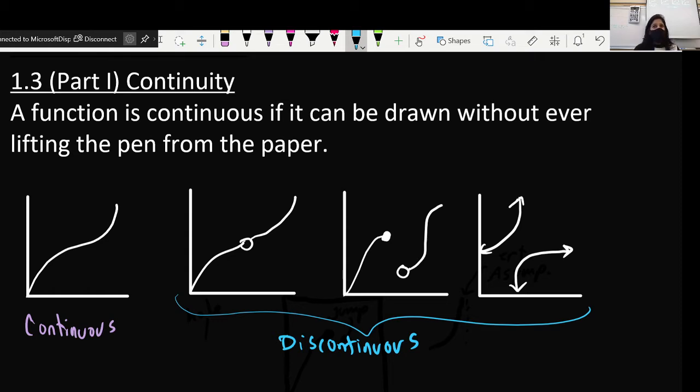And all rational functions are also continuous, except in values where the denominator is 0. So remember with rational functions, you don't have to write this down, but let's say we had something like 1 over x minus 1. We know that at the value of 1, we're going to have an asymptote there, right?